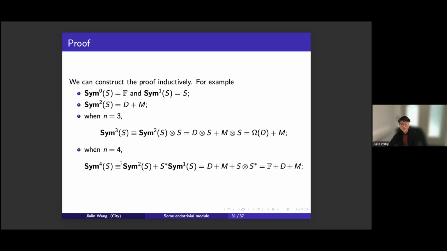When n is 4, the fourth symmetric power will be the second symmetric power plus S dual times the first symmetric power.